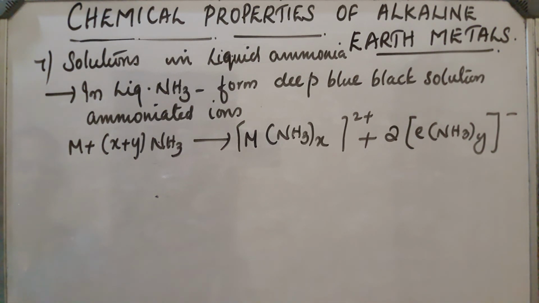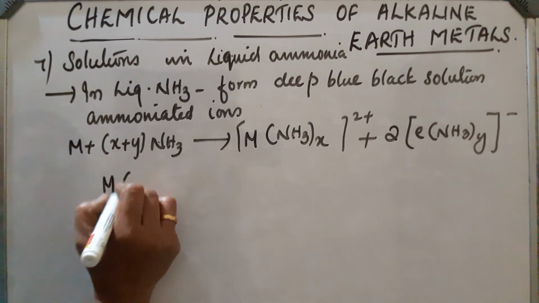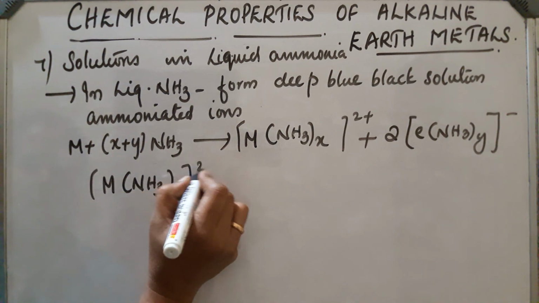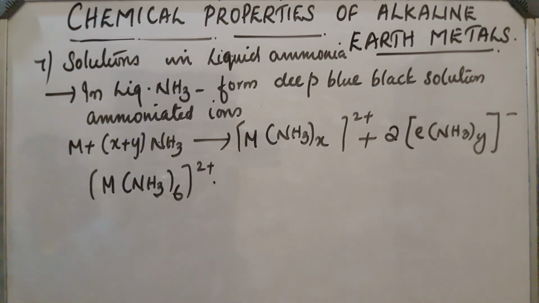Due to the formation of these ammoniated ions, they dissolve in liquid ammonia and form a deep blue-black solution. From these ammoniates we can recover the ion [M(NH3)6]2+. So, these are the important chemical properties of alkaline earth metals.